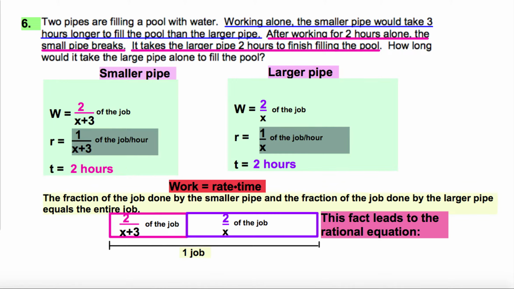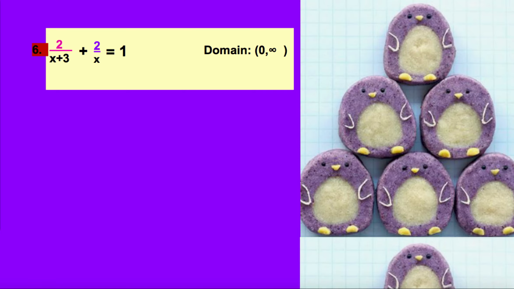The fraction of the job done by the smaller pipe and the fraction of the job done by the larger pipe equals the entire job. This fact leads to the rational equation 2 over x plus 3 plus 2 over x equals 1 on the domain, open interval 0 infinity.